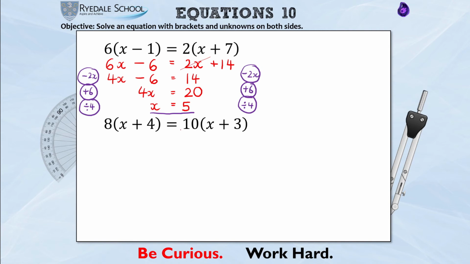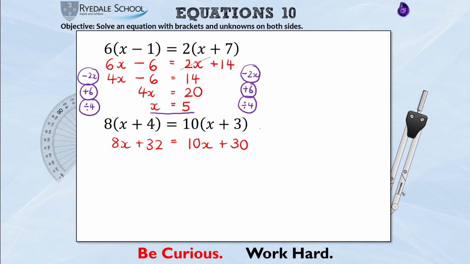Next example, let's multiply out the bracket. 8 times x, 8x, 8 times 4, plus 32. Times in by 10, 10 times x, 10x, 10 times 3, plus 30.